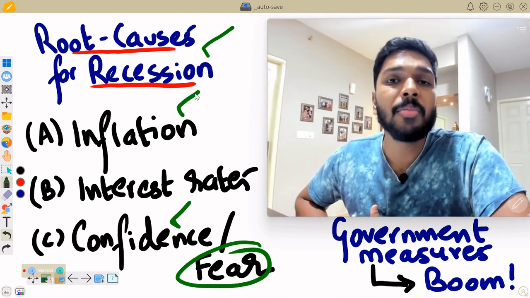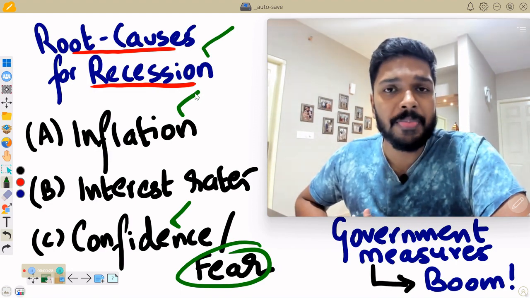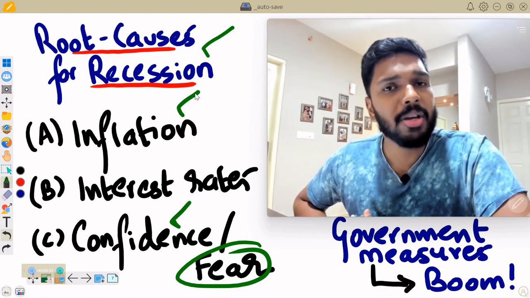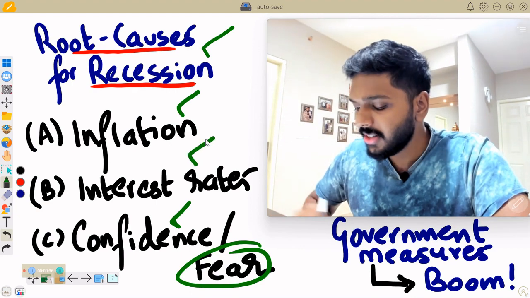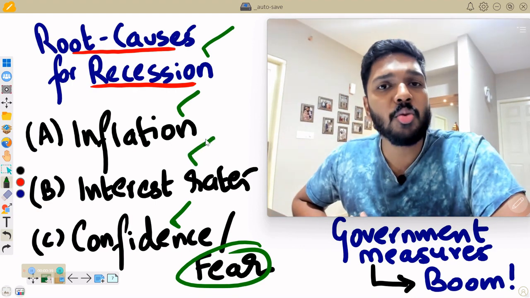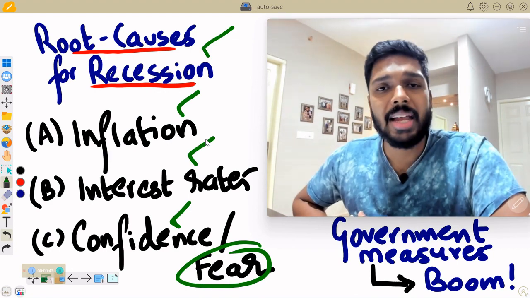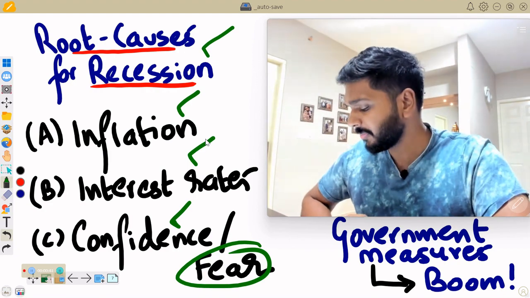Inflation, definitely, when you hear about increasing prices because of soaring demand and inflation, it is something that should be controlled by the government, and this could be a root cause for a recession as well. Interest rates, when the central banks step in to change interest rates, they are trying to control the economy, and this further indicates that recession is not far behind.